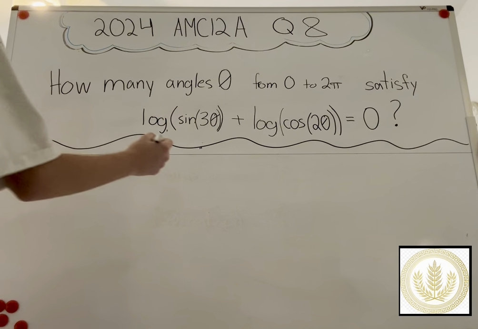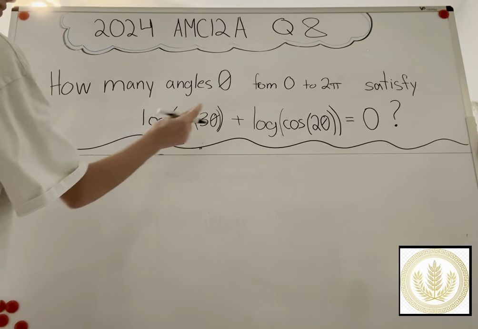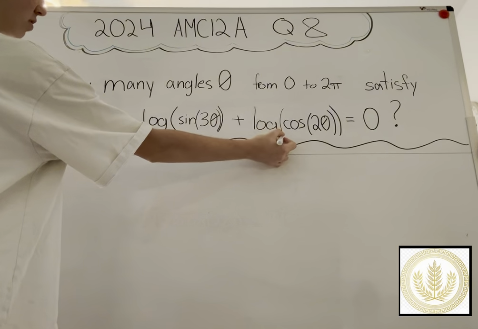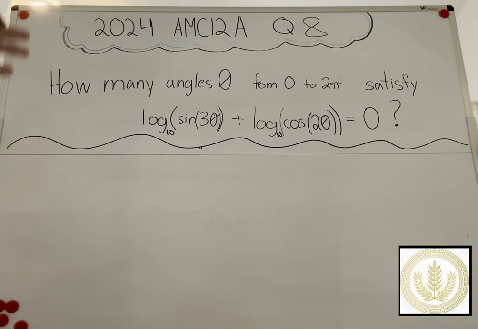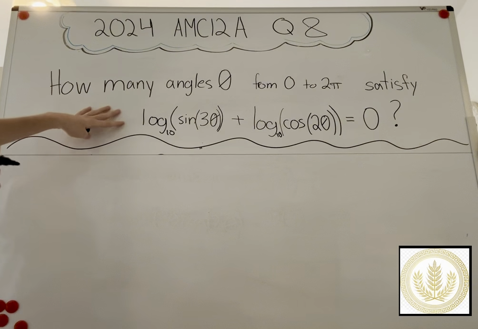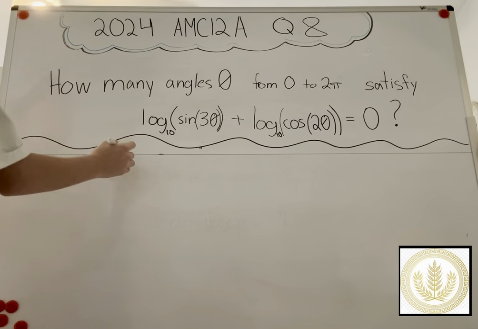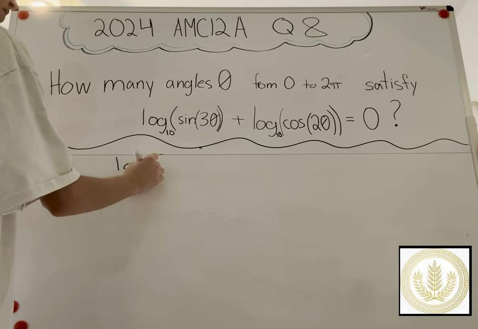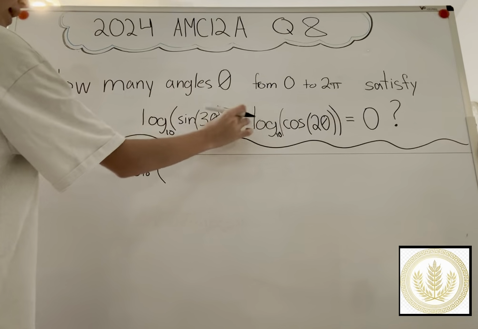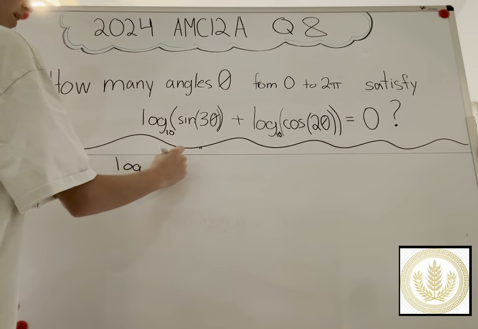To start off, remember that when there isn't a base on our logs, we immediately assume that the base is 10. And using our combining of same bases for logs, we can rewrite this as log base 10. And remember, when we're adding inside the log, we have to multiply.